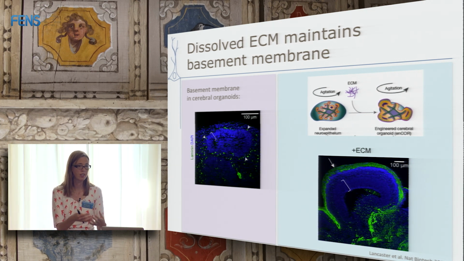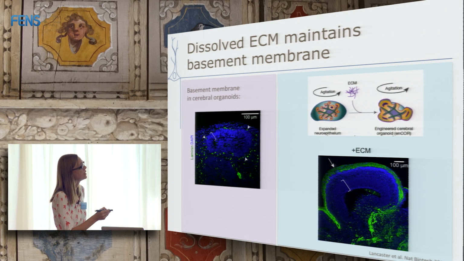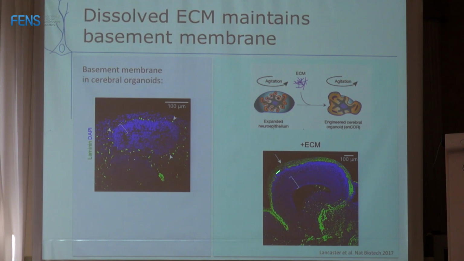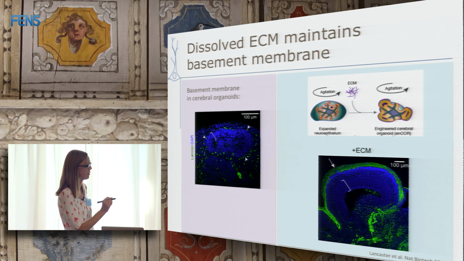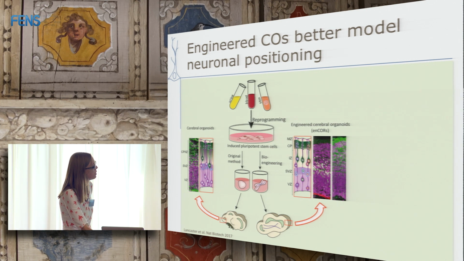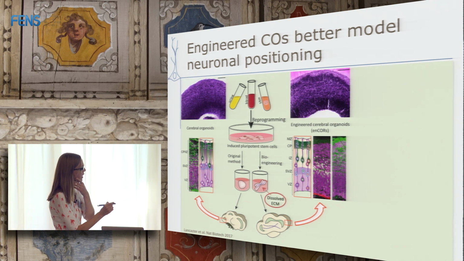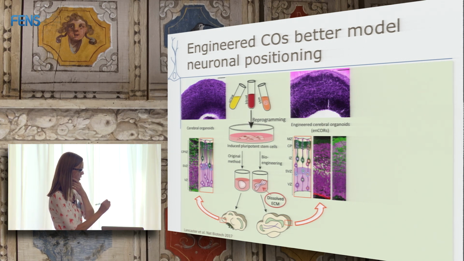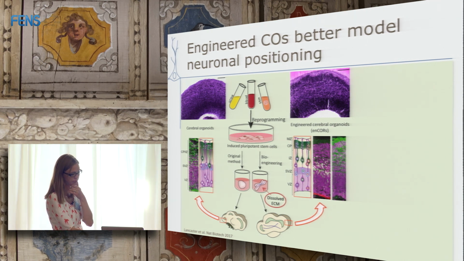We let them make neurons for a little while, and then we dissolve the extracellular matrix components in the media. Somehow the brain organoid absorbs the components from the media and maintains the basement membrane really nicely. Long story short, because that's published, when we put that dissolved ECM in with our fiber method, we can get this very nice cortical plate. And you can see it really nicely aligned.